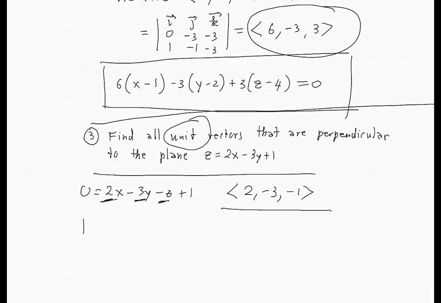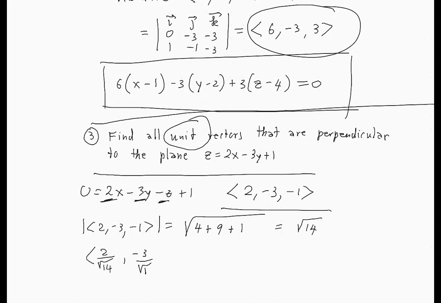It will be the square root of 2 squared, also known as 4, plus negative 3 squared, also known as 9, plus negative 1 squared, which is 1, and that's square root of 14. Okay, so if we put everything together, we get that a unit vector which is perpendicular to the plane is 2 over square root of 14, negative 3 over square root of 14, and negative 1 over square root of 14.